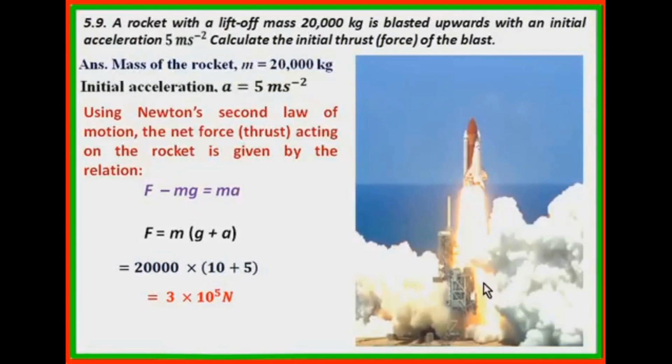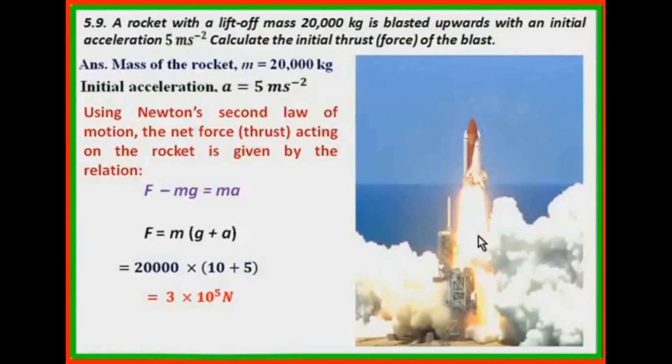If you're trying to understand the concept over here, the amount of force given by the rocket mass towards the downward will be receiving an equal amount of reaction force given by the earth as well.